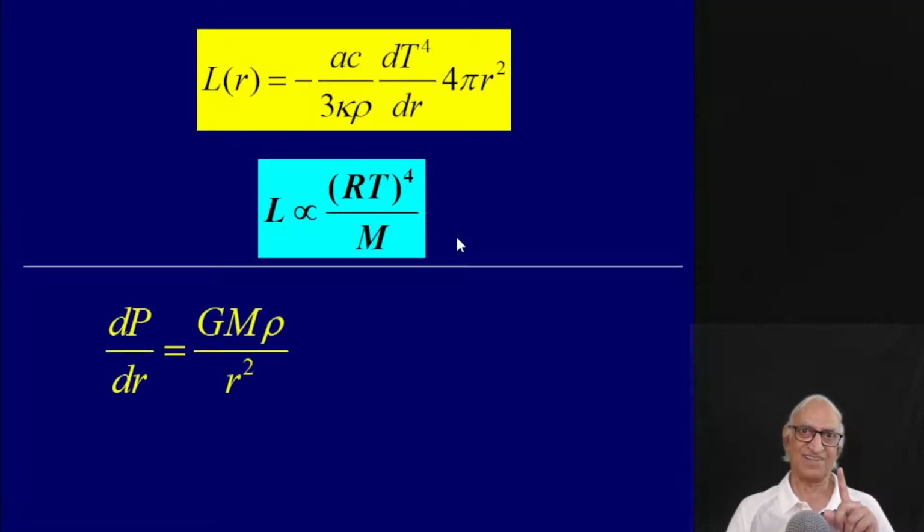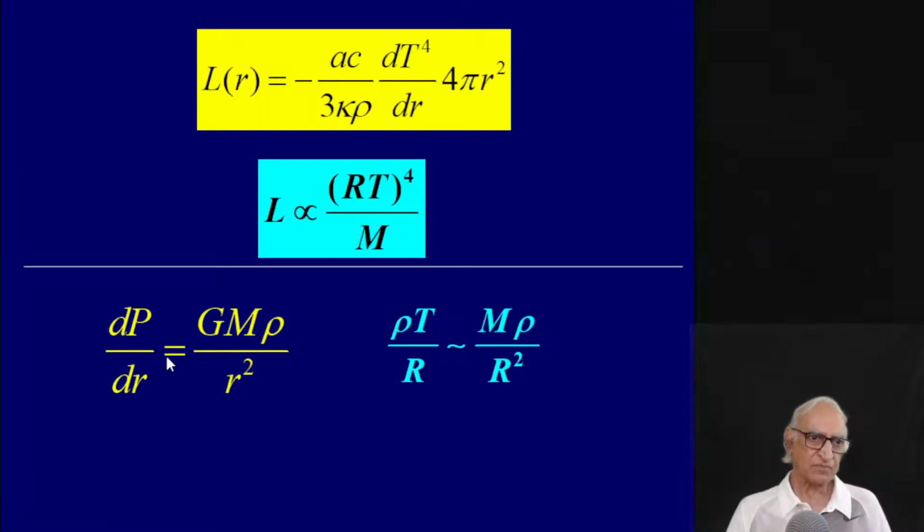Now, let us pull out the magic from this. You know the equation of hydrostatic equilibrium says dP/dr is G m rho over R squared, where P is the sum of gas pressure plus radiation pressure. But for the sake of simplicity, let us leave radiation pressure and consider only gas pressure. For a star like the Sun, radiation pressure is only 10% or even less than 10%.